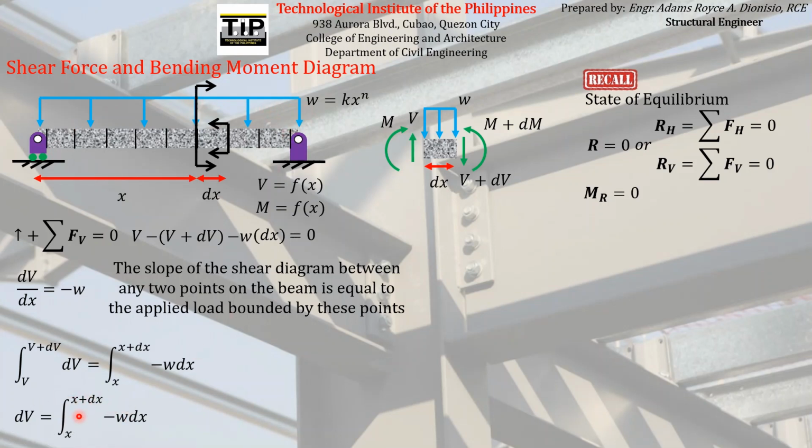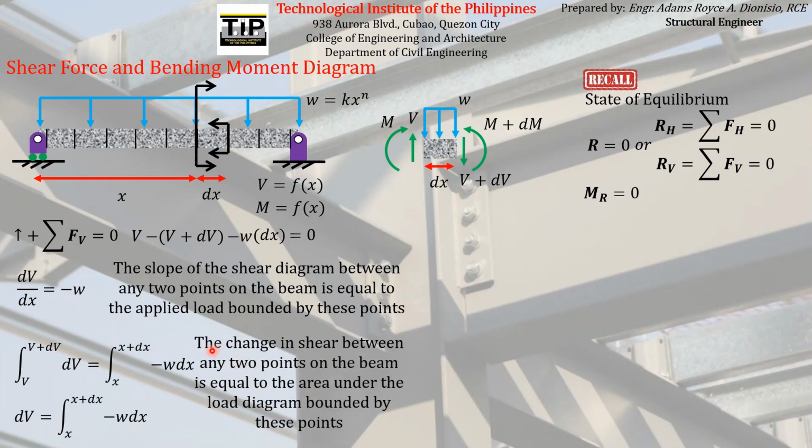So what does this equation mean? It just shows us that the change in shear, which is this, means change in shear, right? It tells us that the change in shear between any 2 points on the beam, so for example, between this point and this point, is just equal to the area under the load diagram bounded by this point, which is this.